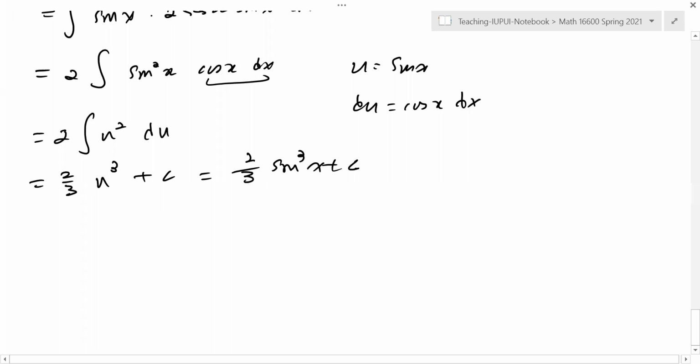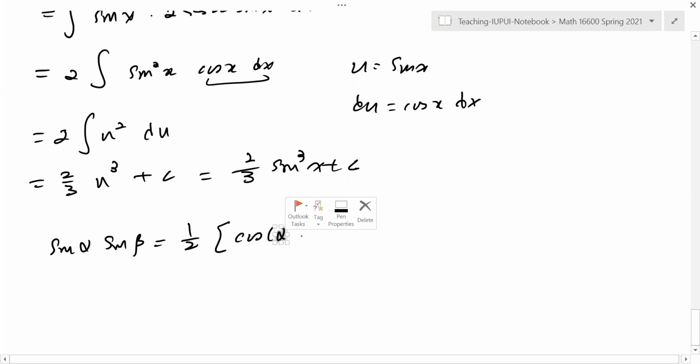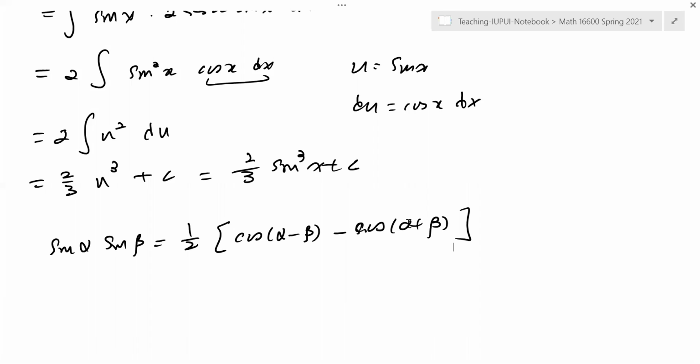Now another one: you probably don't remember the formula, sine alpha sine beta is going to be cosine of alpha minus beta minus cosine of alpha plus beta. There are three such formulas that I don't want to mention here, because this is the one we can use when you see sine alpha times sine beta.